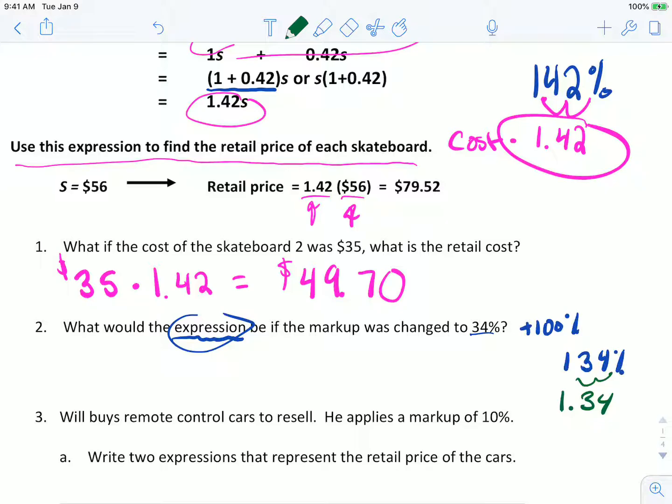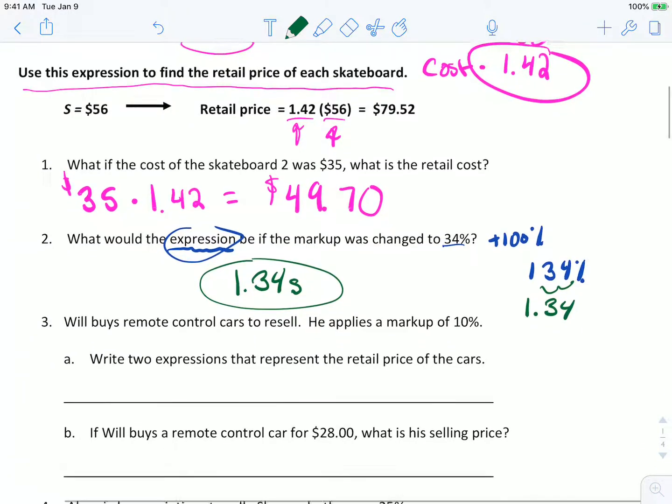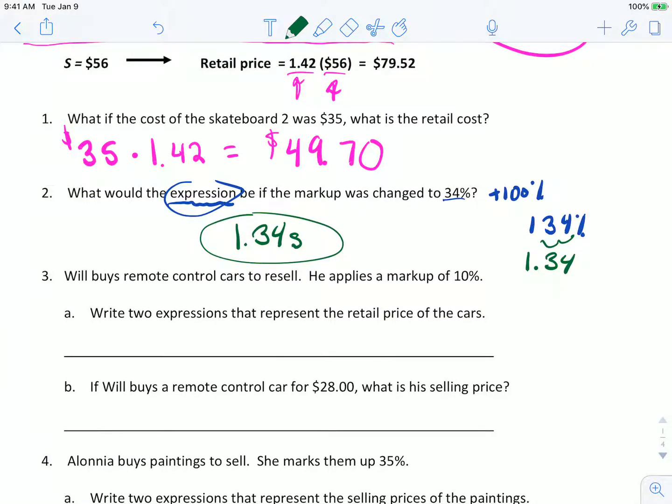So the expression would be 1.34 times the cost of the skateboard. That's an expression. As long as you have a number and a variable, it's an expression. So that's all it asked for, just the expression. It didn't ask us to solve for anything.